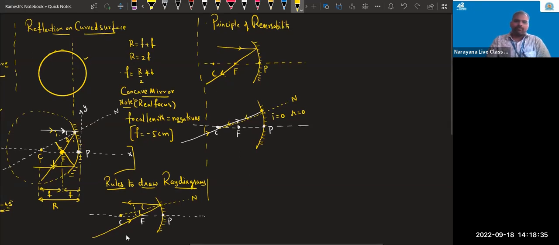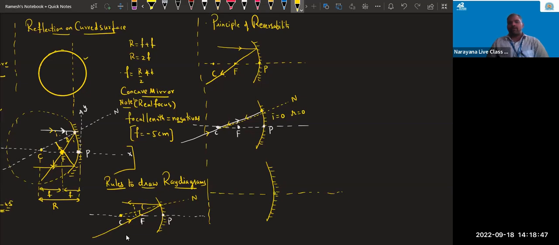And one more point. This is any concave mirror. As usual, how many points are there? Three major points: pole, focus, center of curvature. Be careful. If any ray of light is falling on the pole, what is the normal line?